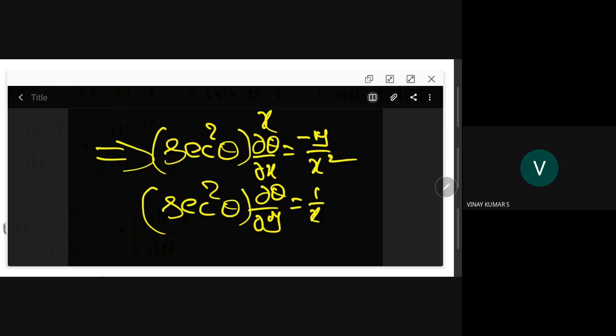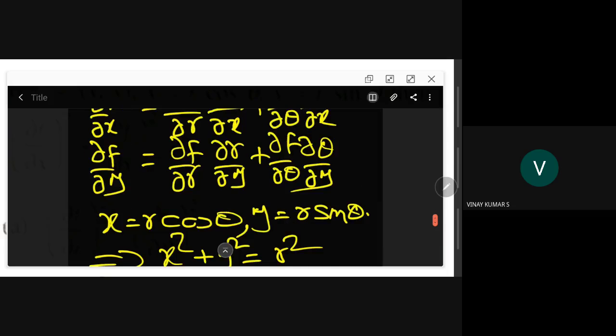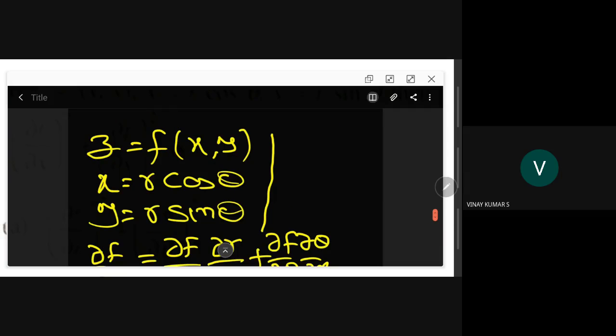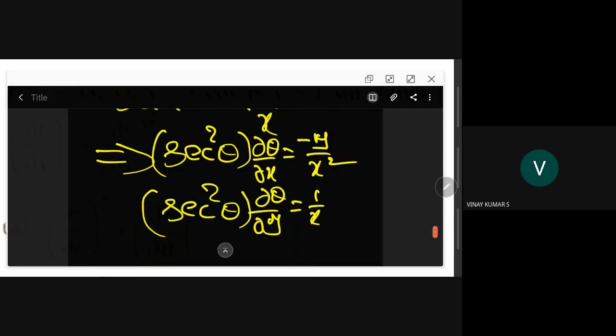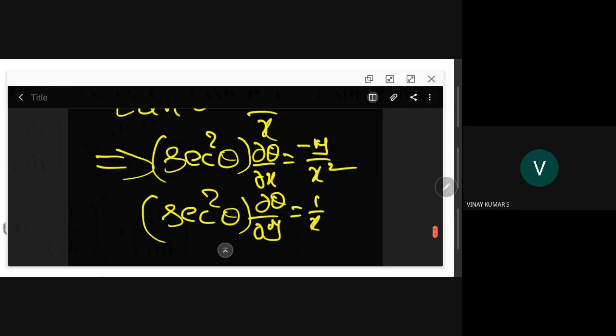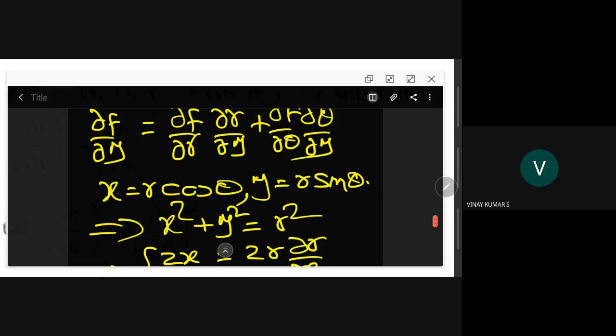Now what is y by x? Here already we have seen. Y by x is tan theta. We need to substitute these values here.